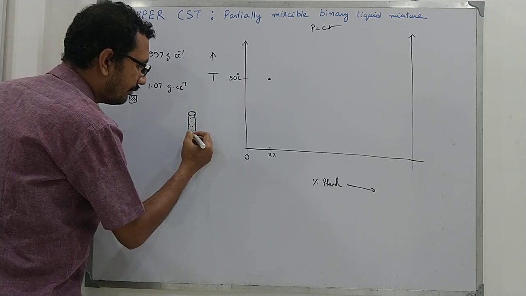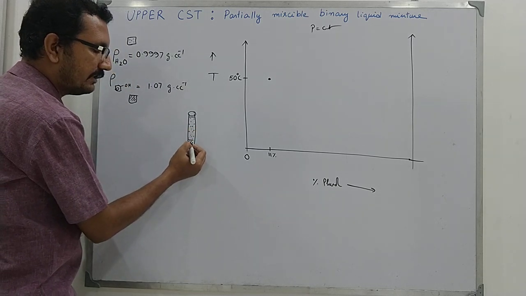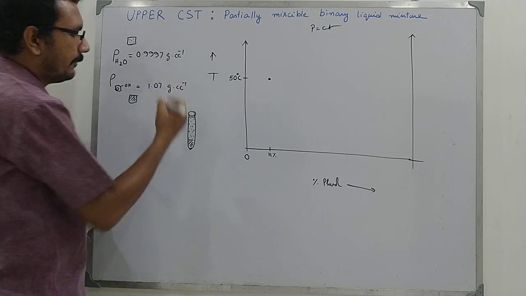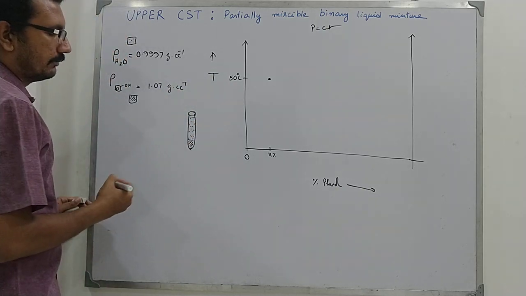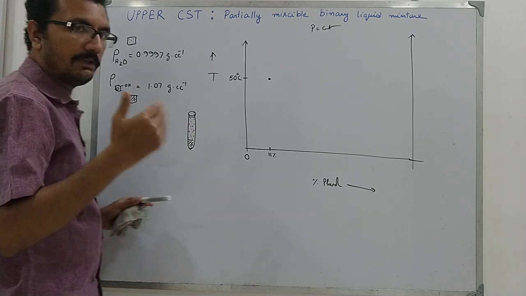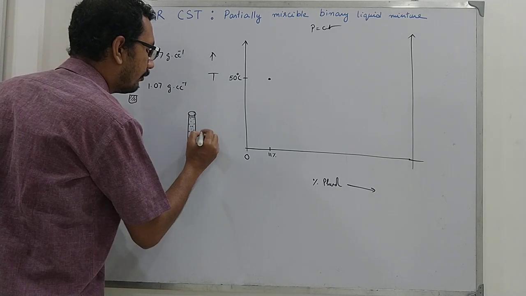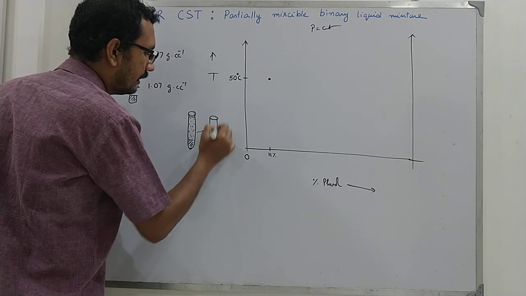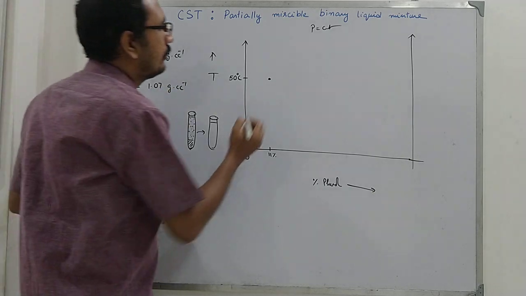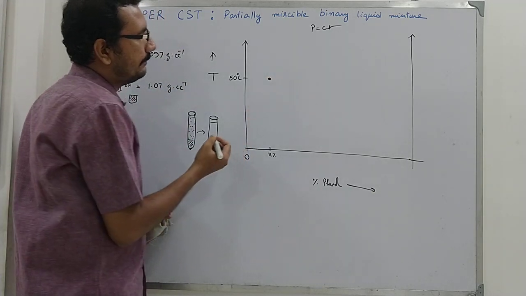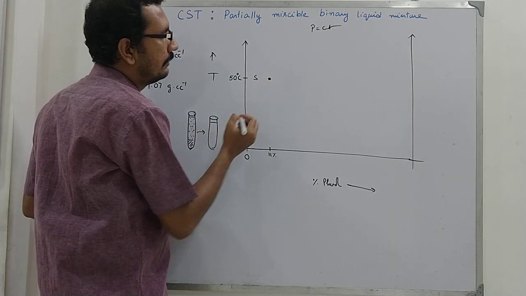With increase in temperature, more and more water molecules will go into the phenol, and more phenol molecules will go into the water. So this will increase the mutual solubility. So what will you get? It will convert to a homogeneous solution if you increase the temperature from 50 degree centigrade. So you see the whole picture. Here it is a single solution.